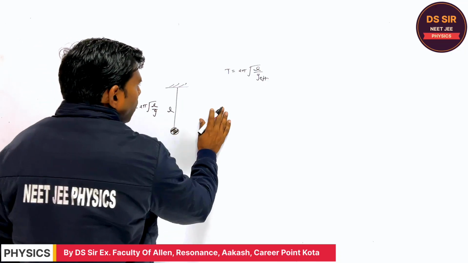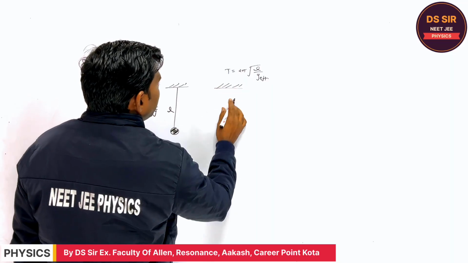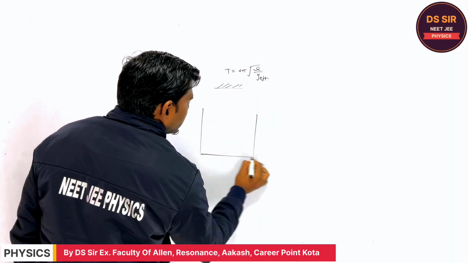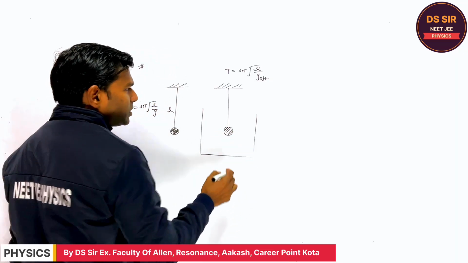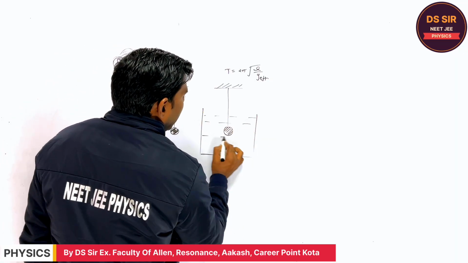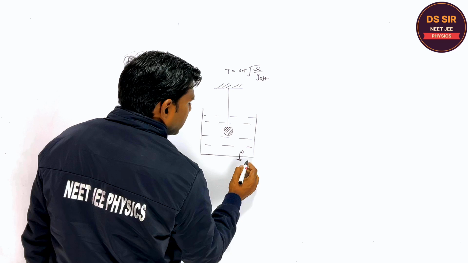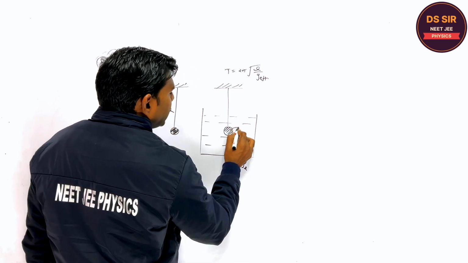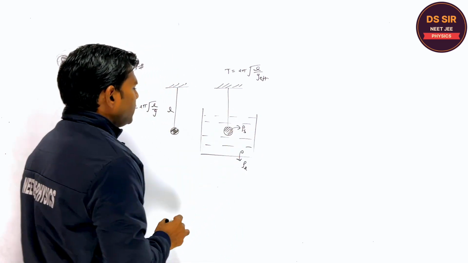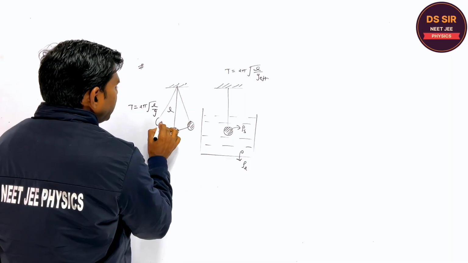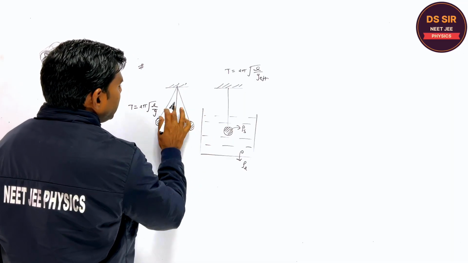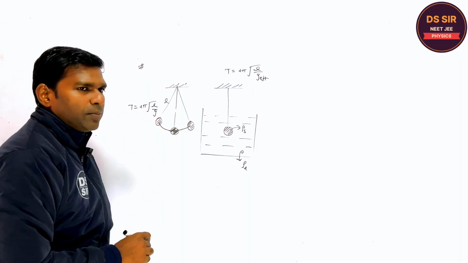Now, if this bob of mass m is dipped in a liquid like this, suppose this is the iron block or some heavy block over there, and this is the density of the liquid rho L and the density of the solid is rho S. When it oscillates in the air, its time period will be T is equal to 2 pi root L upon g.